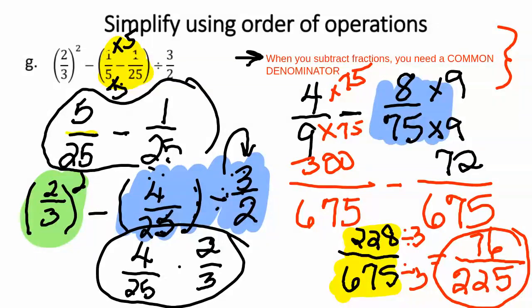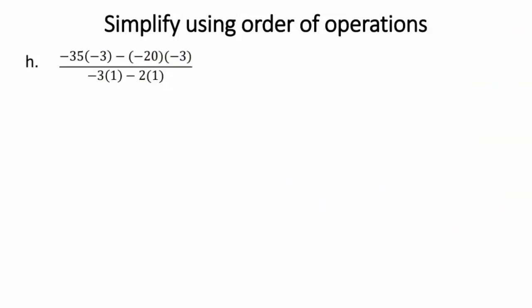Now, my last one. Okay. Now, this is really a 3-parter. I got to do the top, got to do the bottom, and then I have to remember that I'm dividing.